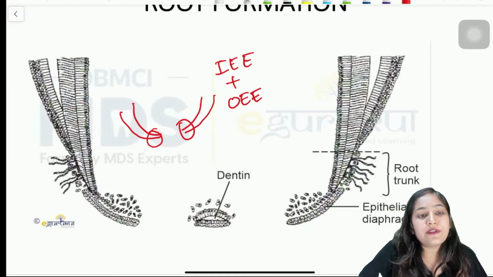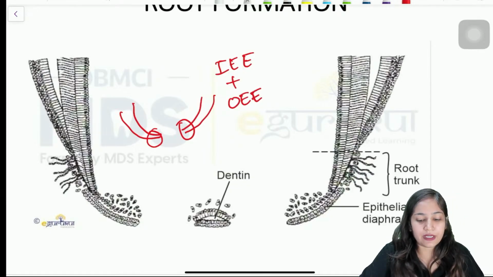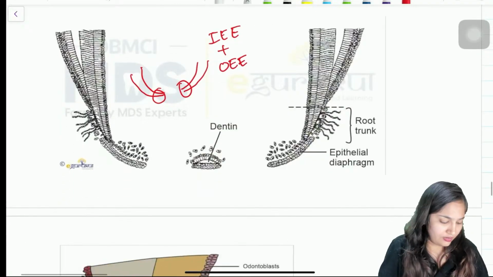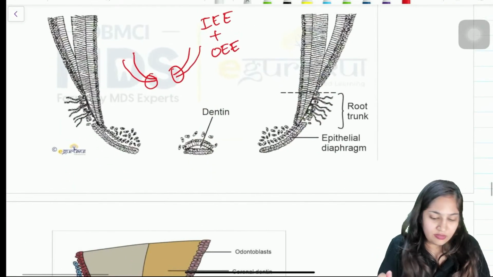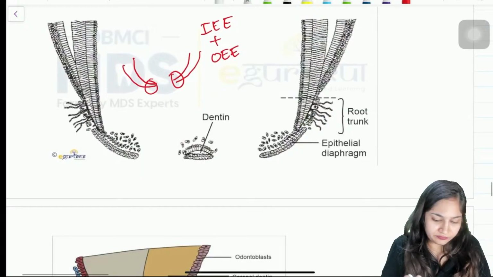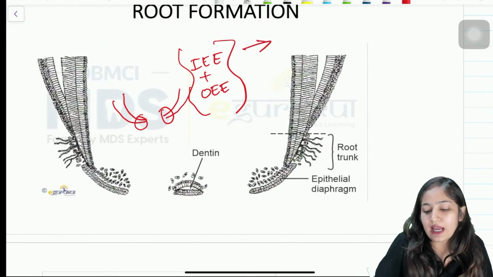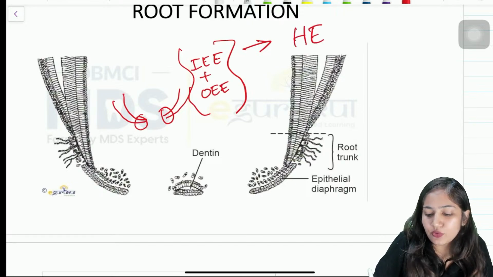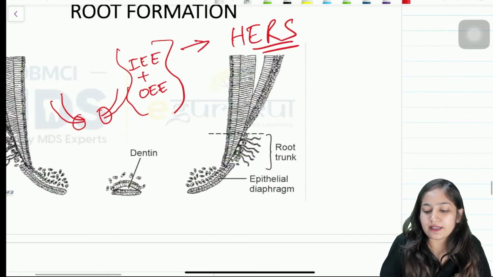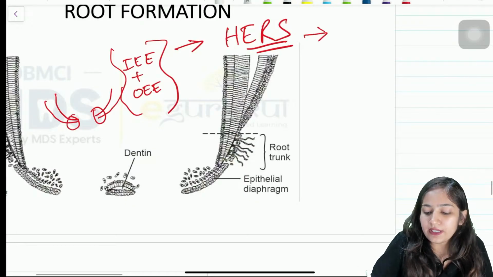Shubham, Riya, we will complete root formation and we will have a break, okay? Sure. Okay. So this proliferation of inner enamel epithelial cells and outer enamel epithelial cells lead to the formation of HERS, that is Hertwig's epithelial root sheet.